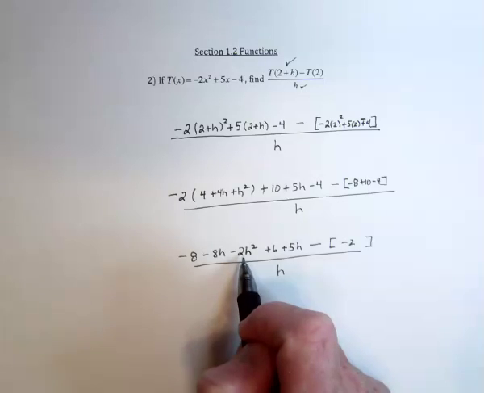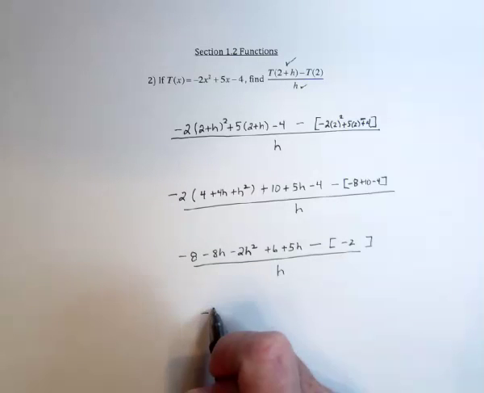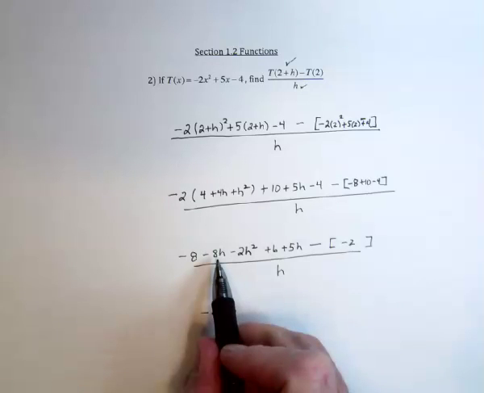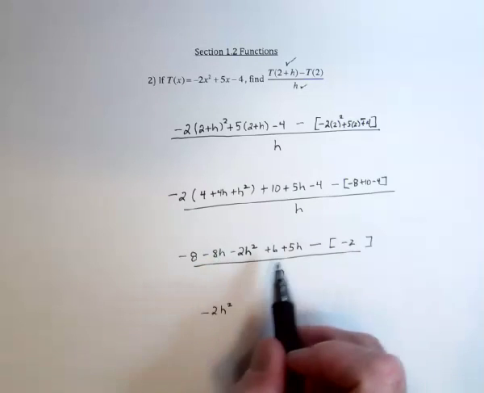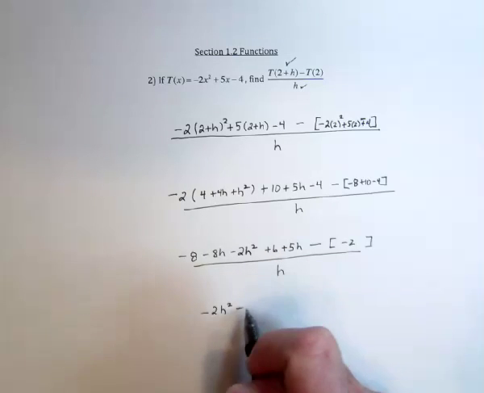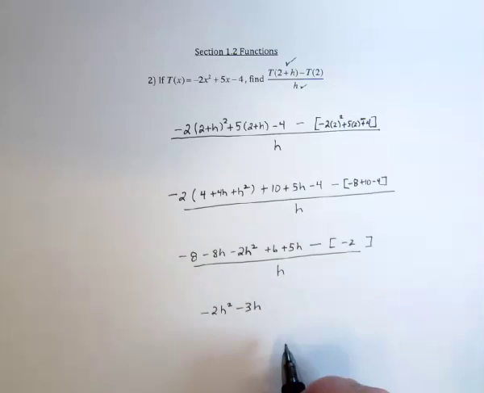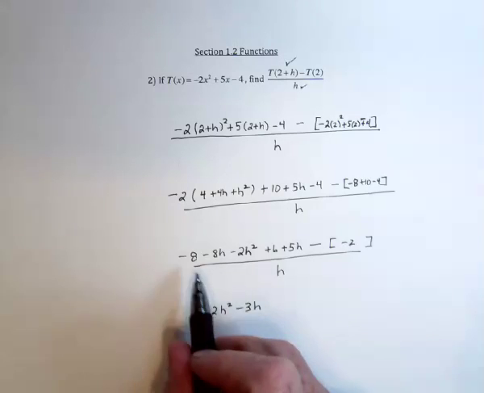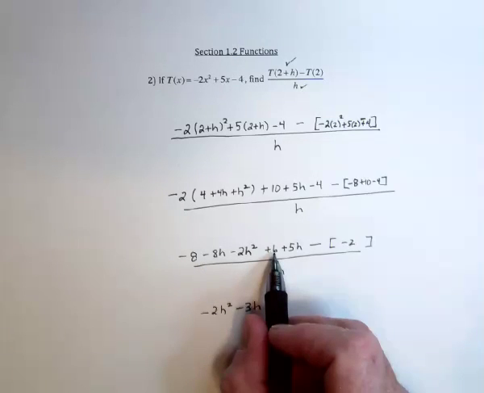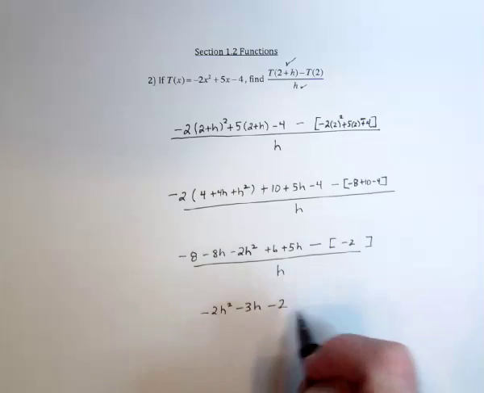Continuing to combine like terms, we've got negative 2h squared. For the h terms, there's negative 8 and positive 5 of them, so that's negative 3 h's. And then for the numbers, we've got negative 8 and positive 6 is negative 2.